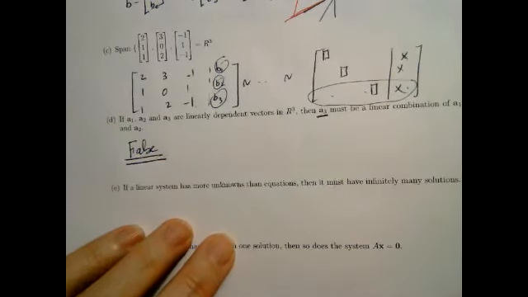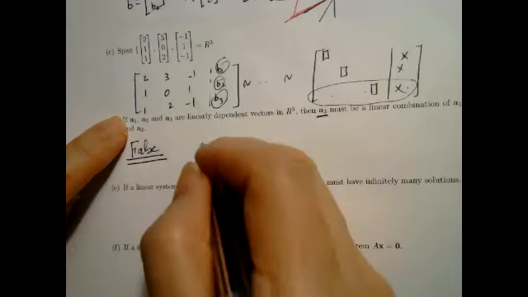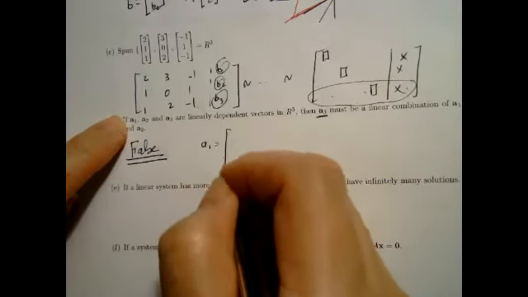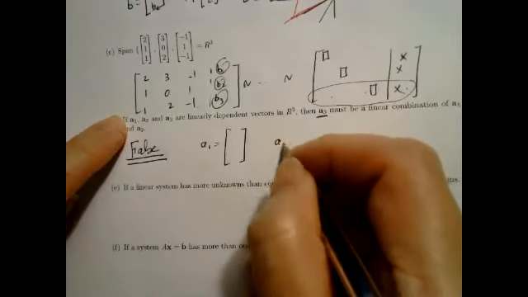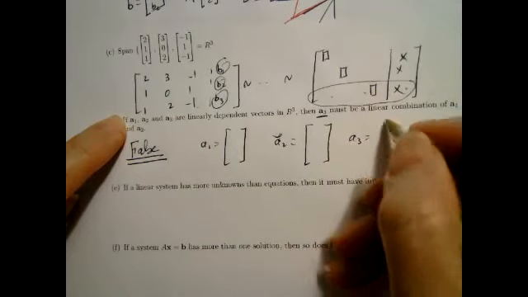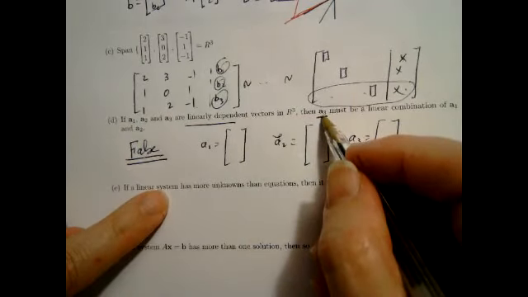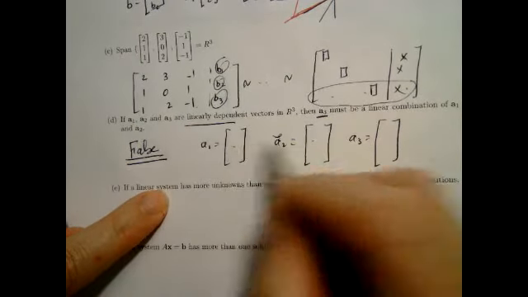What do I mean by justify? It means give me an example of three vectors, A1, A2, and A3. I want them linearly dependent, but I want A3 not a combination of those two.